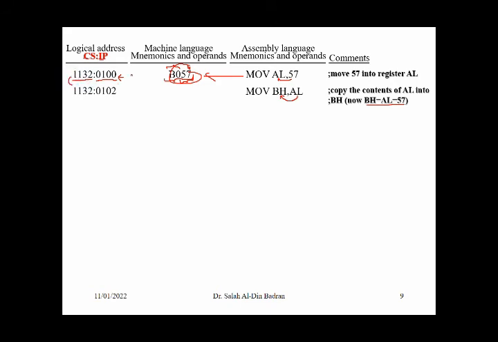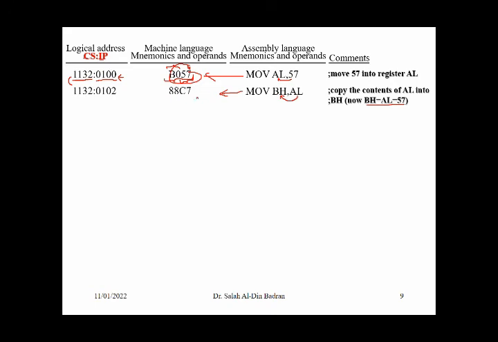So the first location will be 1132 offset 0100. The second byte will be stored in 1132 0101, and we will go to the new address, which is 1132 0102. Why? To take the next instruction, the code of the next instruction.